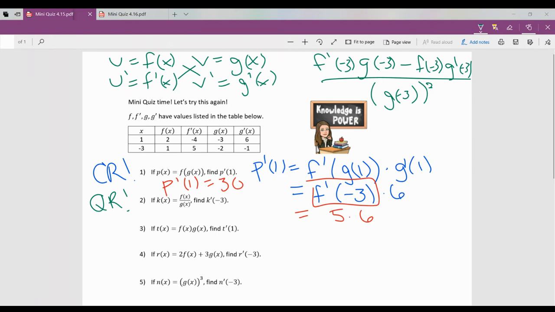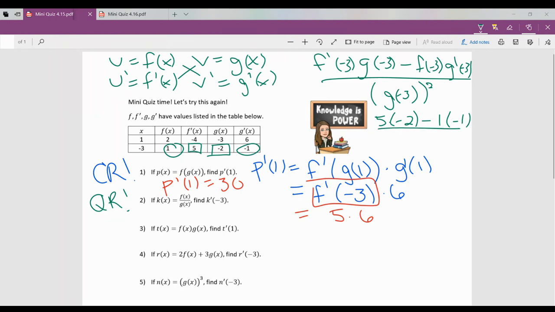Okay, so f prime of -3. F prime of -3 is 5 times g of -3. G of -3, which is -2. So times -2 minus f of -3, which is 1, times g prime of -3, which is -1.